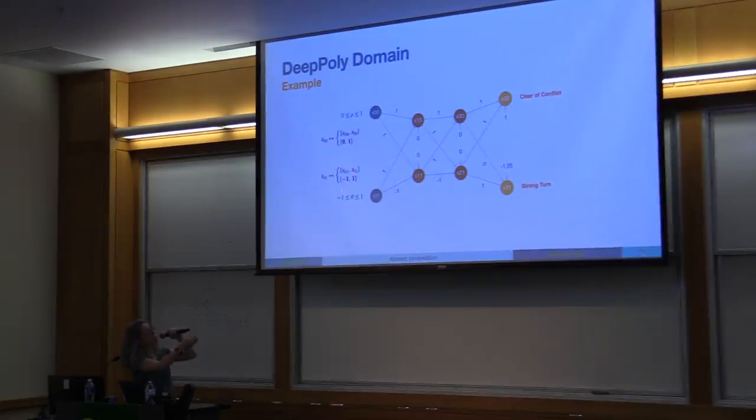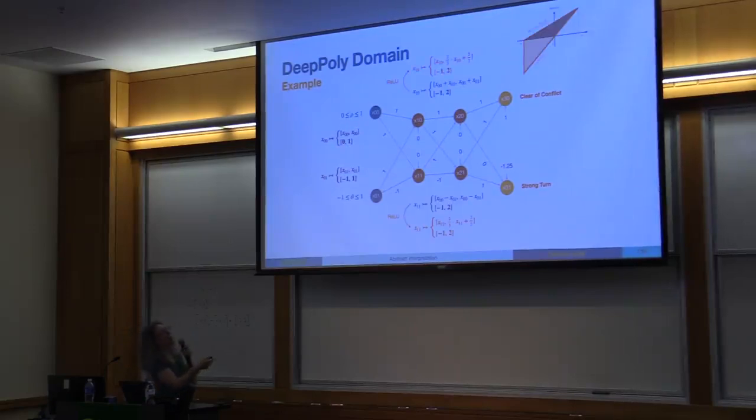Now this is DeepPoly, right? So we have the two symbolic lower and upper bounds, the two numerical lower and upper bounds, and now we do the analysis. At the first layer, we already have to do some ReLU abstraction. In this case, the bounds are not symmetric with respect to 0, so we use this triangle abstraction, which gives us this expression and this other expression.